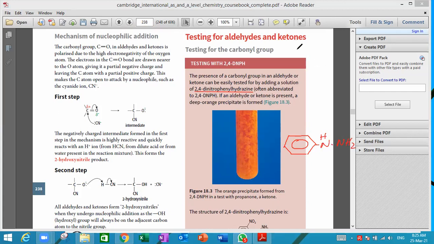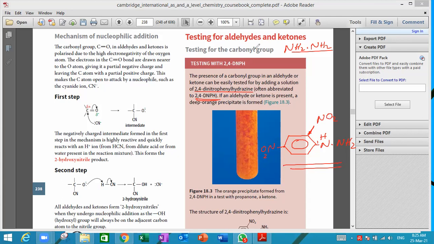The NH2 group is called hydrazine. I'm just mentioning the structure of this compound, but you are not going to be asked to draw it. And then 2,4 means that at carbon number 2 and at carbon number 4, we have a nitro group. So this is the structure of this compound. Sometimes we write it 2,4-DNPH, meaning dinitrophenylhydrazine.